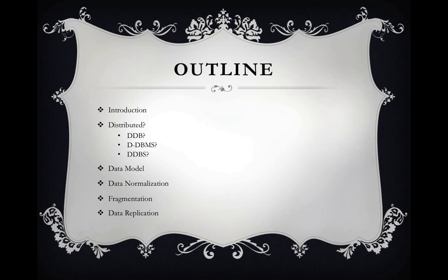The other one is the distributed database management system, or DDBMS. It is the software that manages the distributed database that we just talked about and provides an access mechanism that makes this distribution transparent to the user. So we know the distributed database and the distributed database management system, and the last one is the DDBS, the distributed database system.